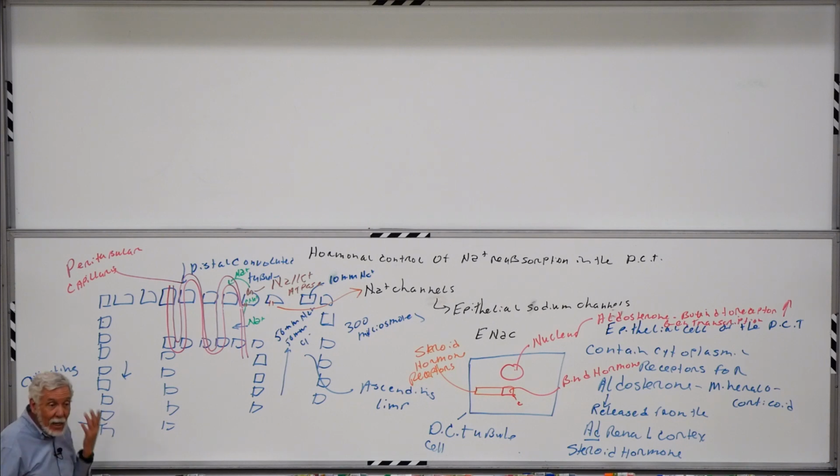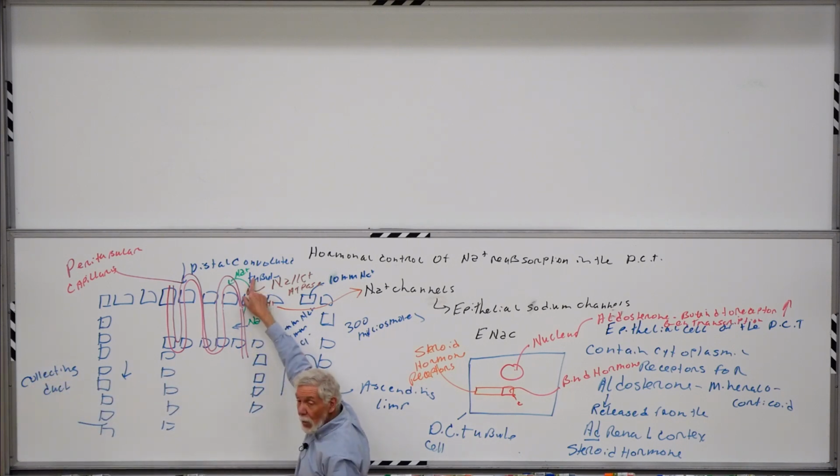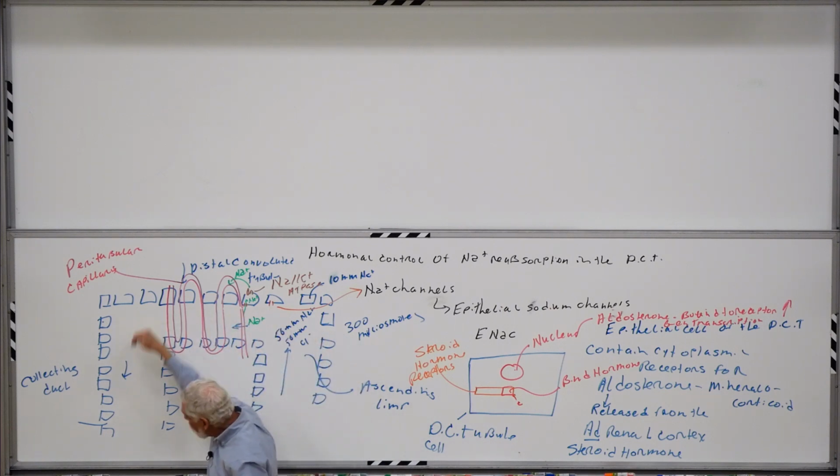So we have this balance where if we have lots of aldosterone, we're going to reclaim lots of sodium. If we have only a little bit of aldosterone, then we won't upregulate many sodium channels. We'll have a dearth of sodium channels out here. The sodium will pass through and go to the outside world.